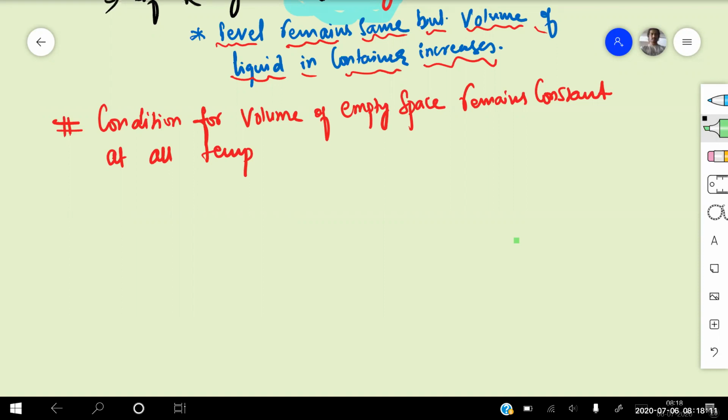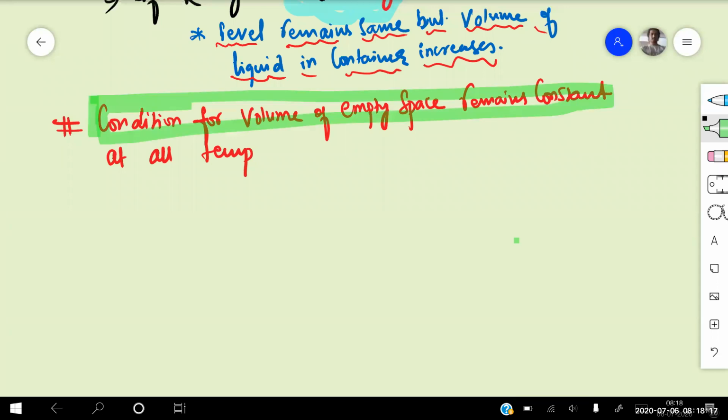Okay, so this is a very important point, beta. Very important for the competitive examinations. What is that? That is the condition for the volume of empty space to remain constant at all temperatures.